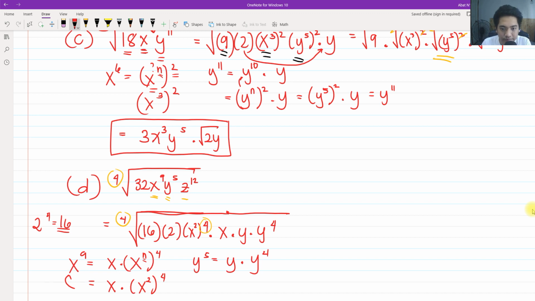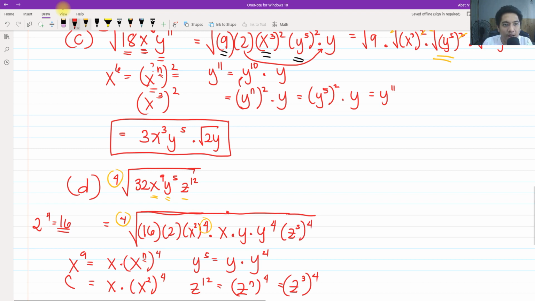And for our last one, z raised to 12, since this is an even number, I'm going to think of a number which, if raised to 4, will become raised to 12. That number is 3. So this would be z cubed raised to 4.